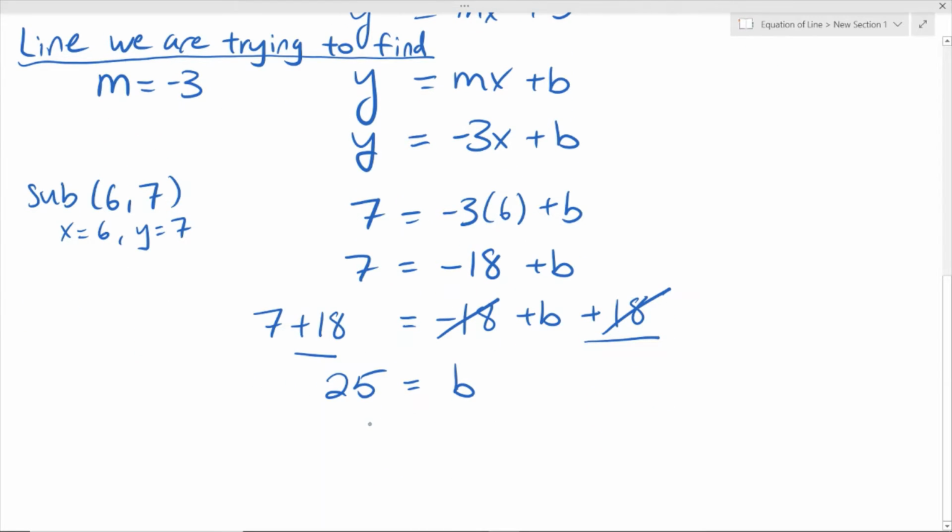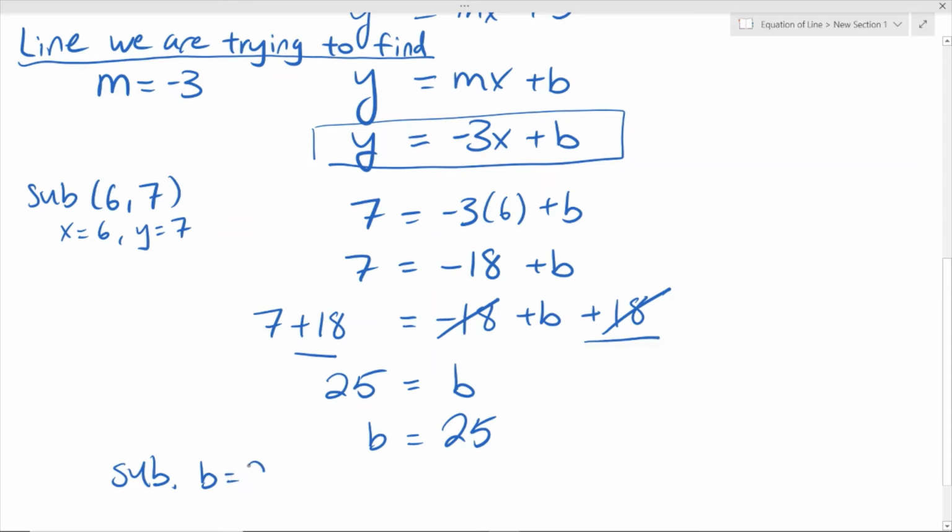So b is equal to 25, because we have a b left here, that's how we carry it down. Now we found our b. Now all we have to do is plug this b back into our equation. So we sub in b equals 25.